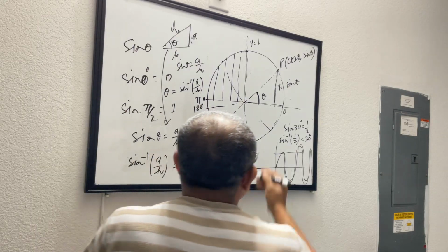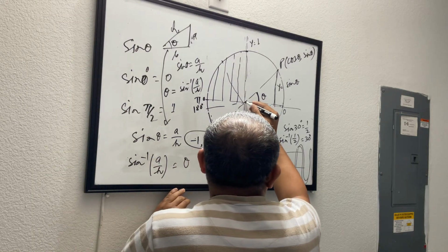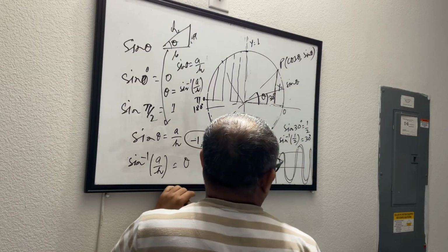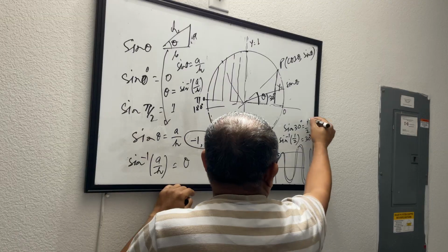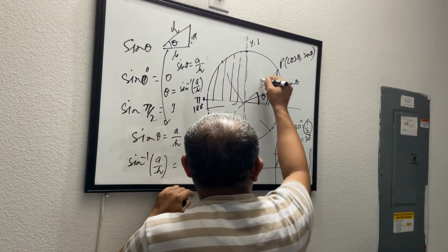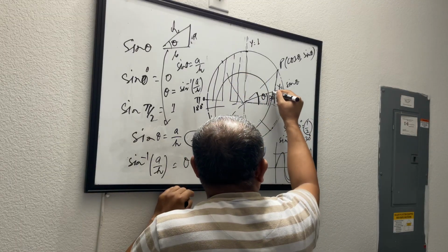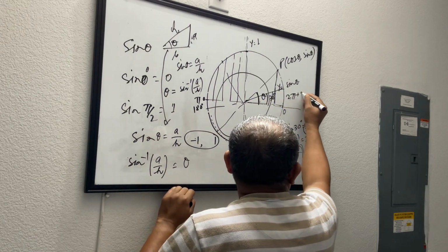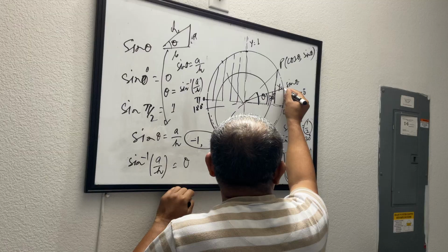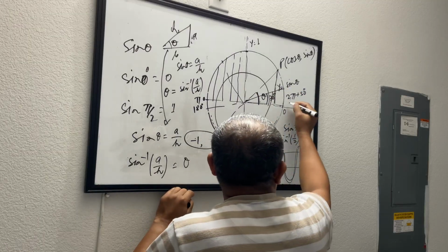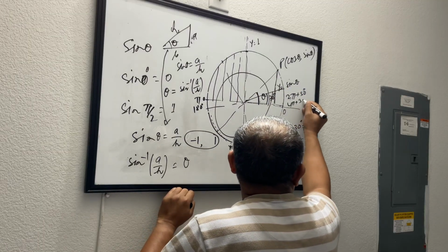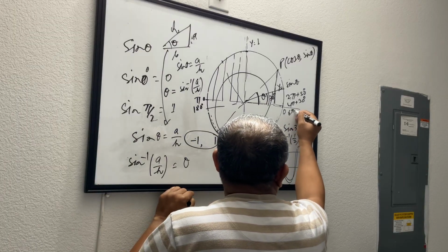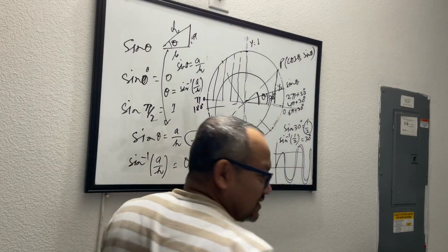Now what you are seeing in this unit circle is that when this is 30 degrees, you get 1 by 2. When you make a complete rotation and come back to this point again, 2 pi plus 30 will also land you in the same place. 4 pi plus 30 will also land you in the same place. 6 pi plus 30 will also land you in the same place.